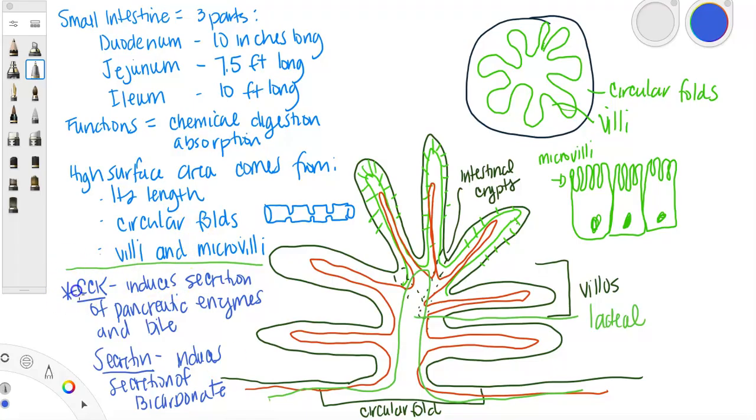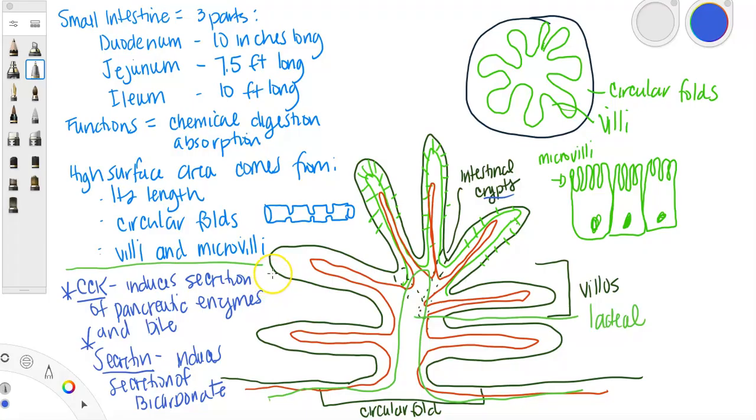So CCK and secretin are hormones secreted by cells in the intestinal crypts. They target the pancreas, and that helps secrete enzymes: lipase, amylase, and protease, and then bile, and then also bicarbonate.